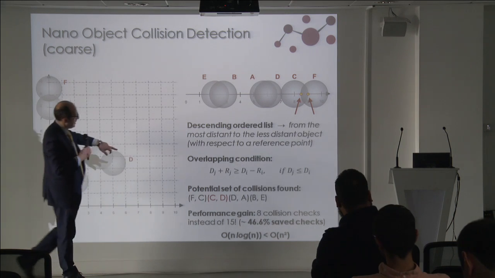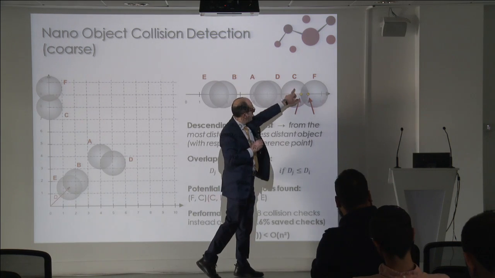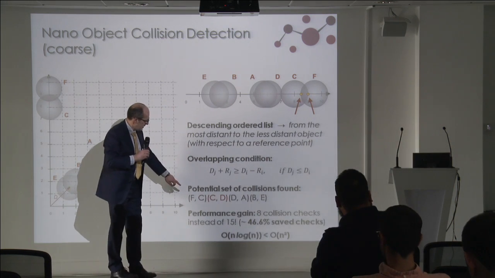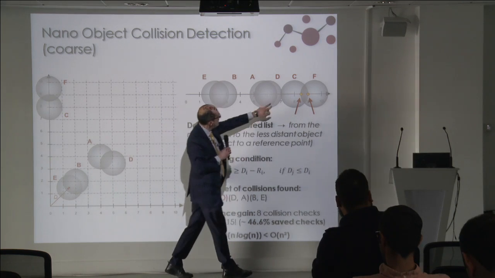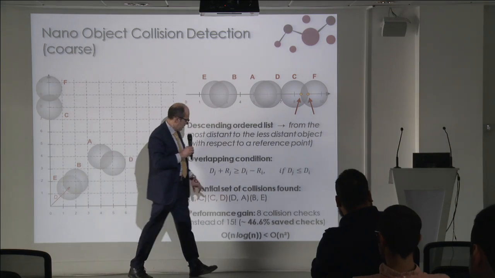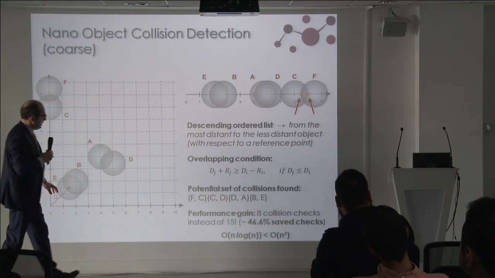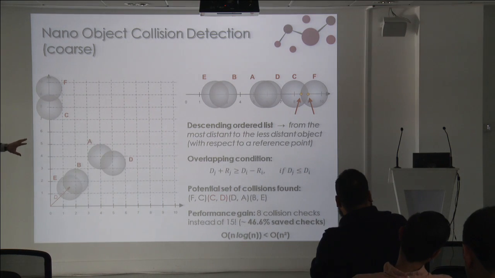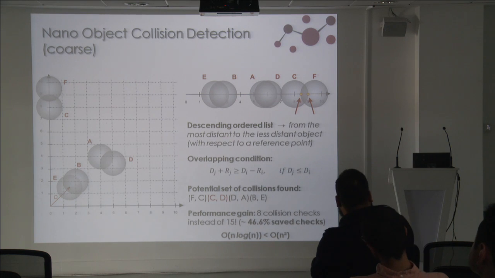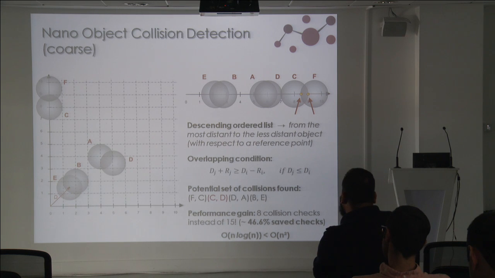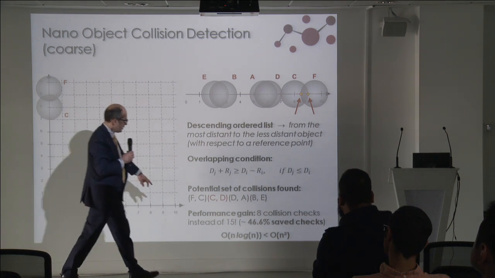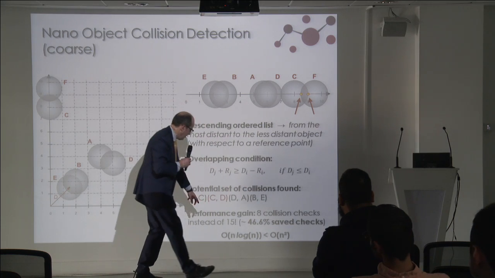In this case, FC, CD, DA, and BE. So we have isolated 4 potential collisions, and the performance gain is that we can check just 8 collisions instead of 15.